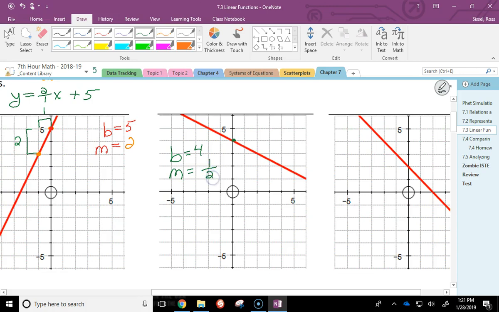And one quick question. Is this a positive or negative slope? Negative. So I'd have to say negative 1/2.